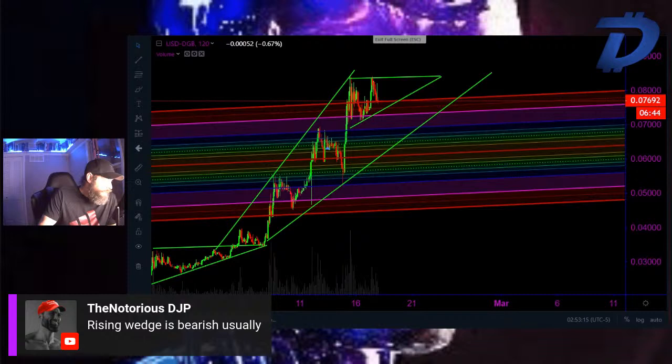DJP said, "Rising wedge is bearish usually." Yeah. So right, and that's what Bitcoin's doing right now, and I think everything is bullish on Bitcoin up to 56,000 to 58,000. Bitcoin has a rising wedge, and all the indicators on Bitcoin are still showing bullish upside.